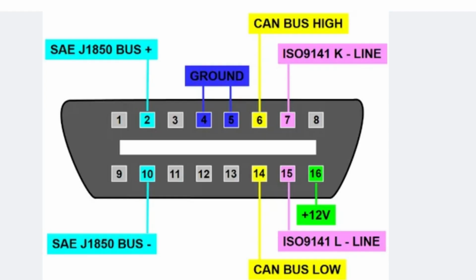The K-line is designated to pin 7 on the OBD2 port, whereas the L line is designated to pin 15 on the OBD2 port. K-line communication may employ two systems: a single wire system where only the K-line is used, and a two-wire system which employs the K-line and the L line.